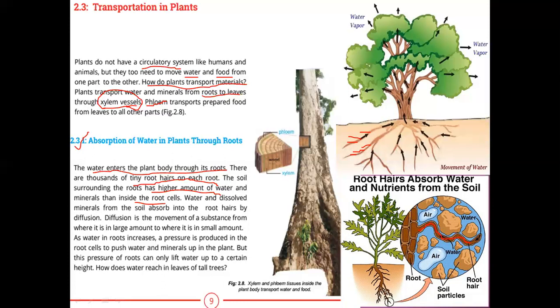And this is soil, and water is present. This blue is water, so water and air are present in the soil. Specifically, water is absorbed through these root hairs. Why? Because outside in the soil, water concentration is very high as compared to the root hairs or the cells of the root.